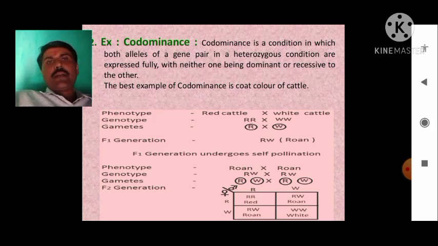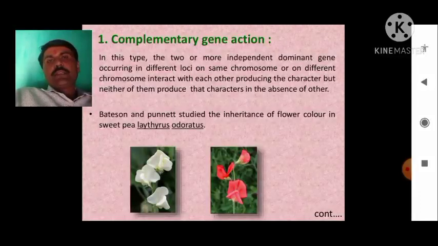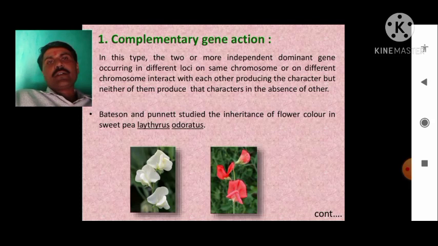Well, in incomplete dominance, we studied the Mirabilis jalapa plant. In that case also, the parental and maternal colors of the flower did not appear in the F1 generation, and we got the red color of the flower in F1.